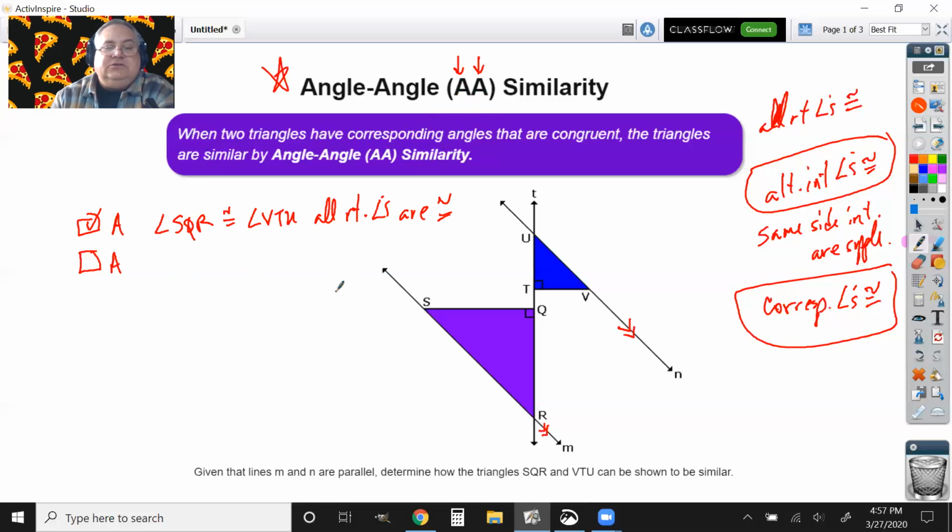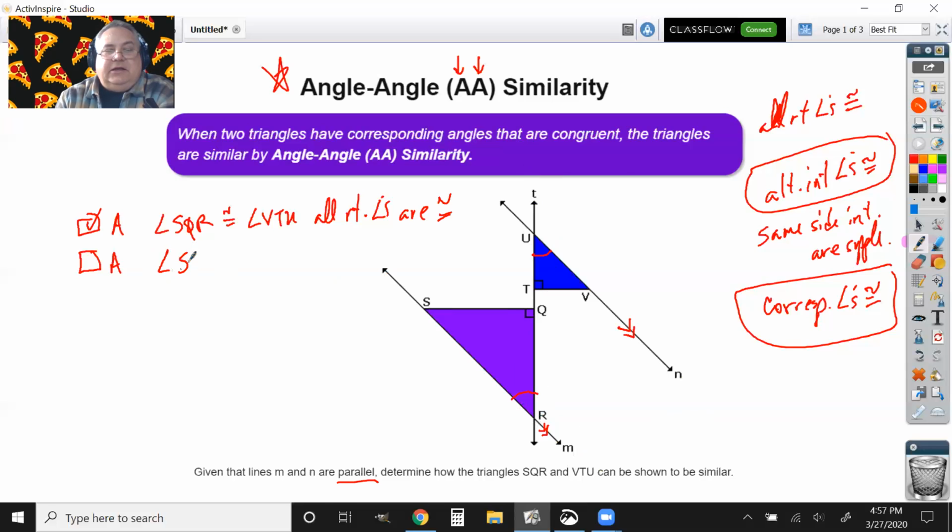Now, they also told us that our lines were parallel, and because of that, I can look for some other angles. If this is my transversal right here, that was a horrible line that I drew, then what we have here is this angle and this angle, on opposite sides of the transversal and inside the parallel lines. So these are alternate interior angles.